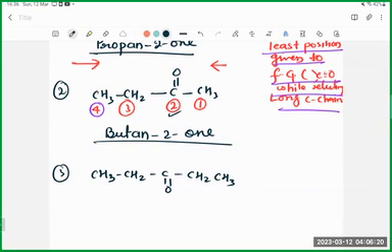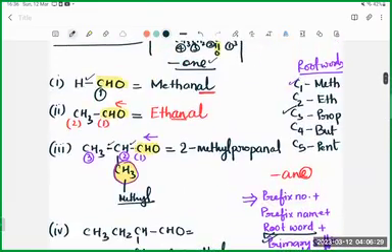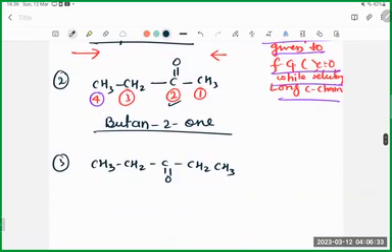5 carbon is pent. Is it pentane? Yes. Single bond between carbon and carbon. So the primary suffix you need to bother about first.